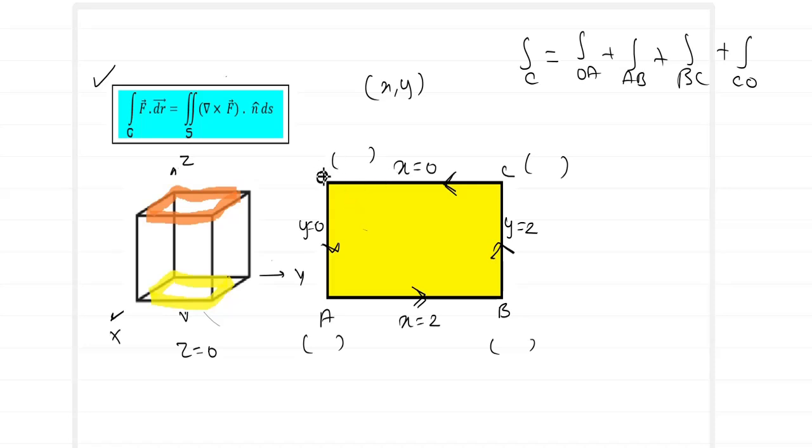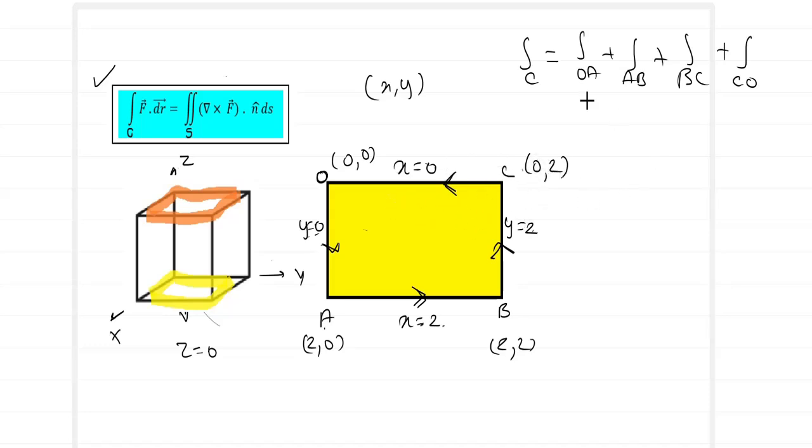The first coordinate for O. How is O got? X equal to 0, Y equal to 0. So 0, comma 0. How is A got? X is 2, Y is 0. So 2, comma 0. What is B coordinate? 2, comma 2. What is C coordinate? X is 0, Y is 2. So 0, comma 2. All my coordinates are got.